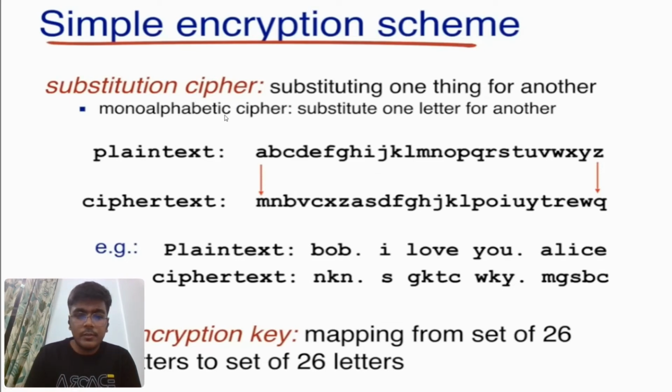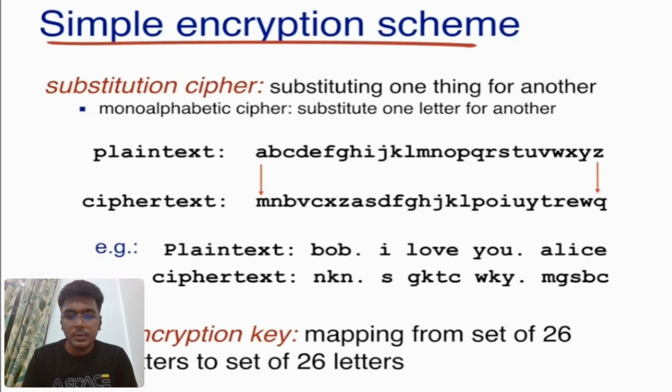Like we have substituted M for A, N for B. So she's going to use this and convert it into a ciphertext. Like for example, Bob: for B we have N, for O we have K, and for B another N. So she's going to convert this plain text into ciphertext, and Bob is again going to decipher it with the help of the key and convert it into a plain text.